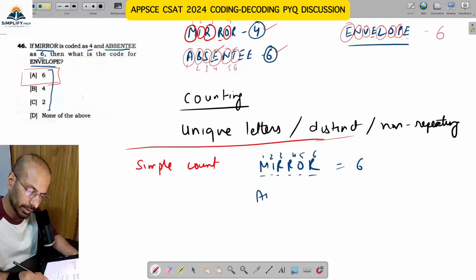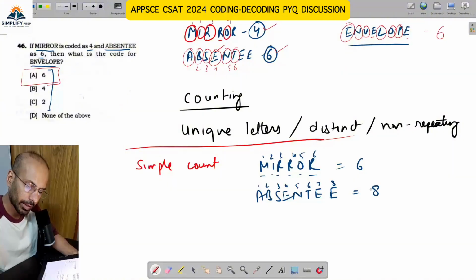And if I see absentee, there are again 1, 2, 3, 4, 5, 6, 7, 8 letters. 8 are there. So now to obtain the code, because code for mirror is 4 and code for absentee is 6, that is given in the question. है ना? Question यही दिया है 4 and 6. So that can be easily obtained by subtraction. Subtraction से आ रहा है that if I subtract the same number, that is 2.